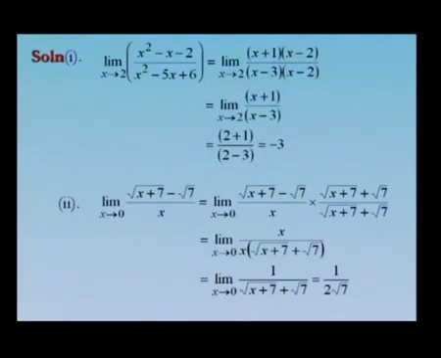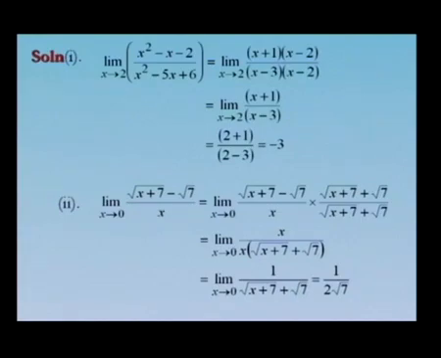Now consider the second example. Here limit x tends to 0, (square root of x plus 7 minus square root of 7) upon x. Here we rationalize this so that the numerator can be simplified, because if you just substitute x equals 0 in the numerator and denominator, we will get 0 upon 0, which is an indeterminate form, so its value cannot be determined.